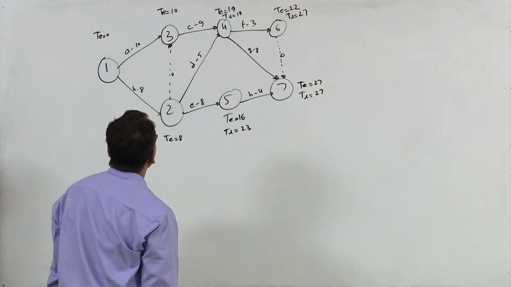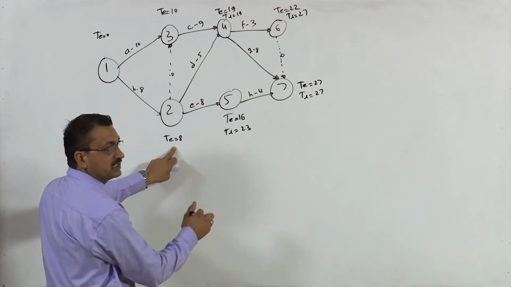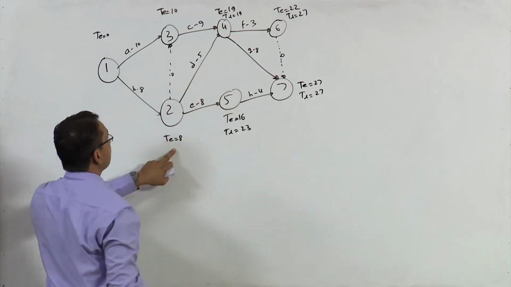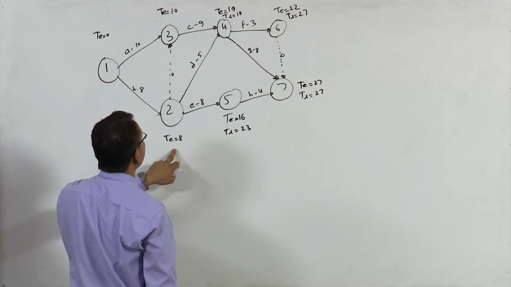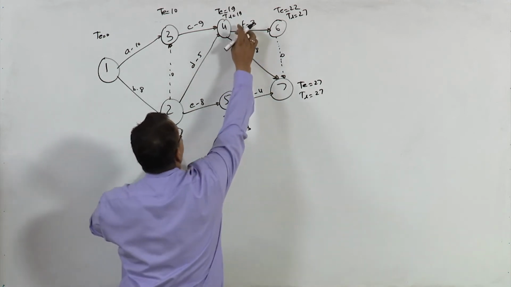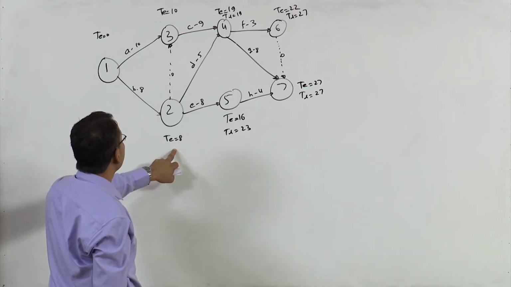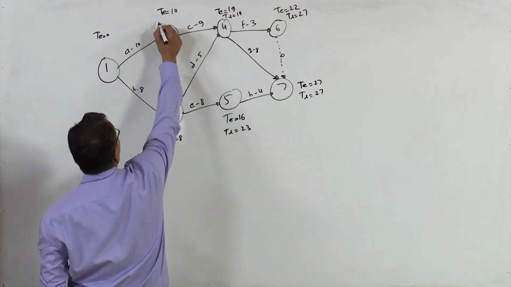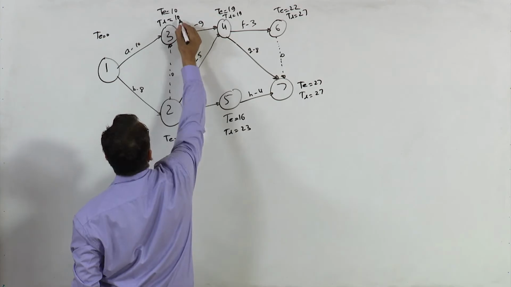Now TL at this node can be calculated from 3 sources, right. First this, second this and third is this, right. So 23 minus 8 is 15, 19 minus 5 is 14 and, okay, let us first calculate TL at this point. So TL would be 10 here, right?